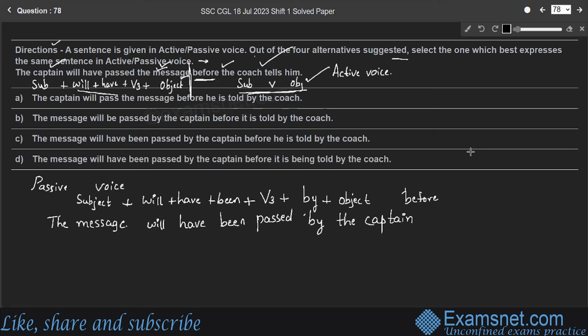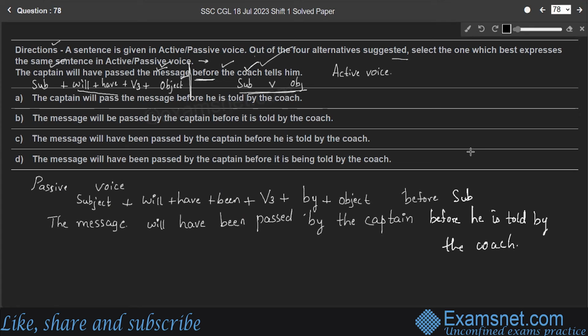Therefore, before him becomes before he is, so he becomes the subject. Before he is told by whom? The coach. He is told by the coach.